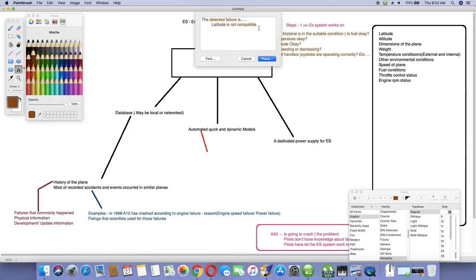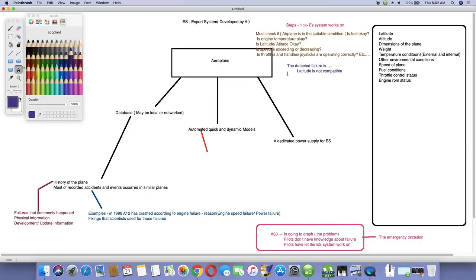And now it wants to search and look up the search conditions. The detected failure is that latitude is not compatible, but now the ES system should automatically handle this. This is a very fast program. It will only take milliseconds or nanoseconds to proceed, because the conditions are very critical when an airplane is crashing.